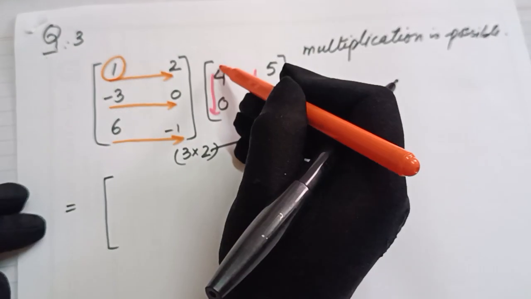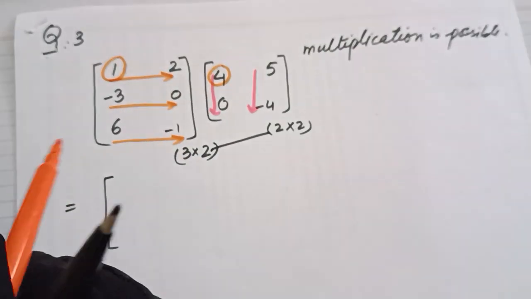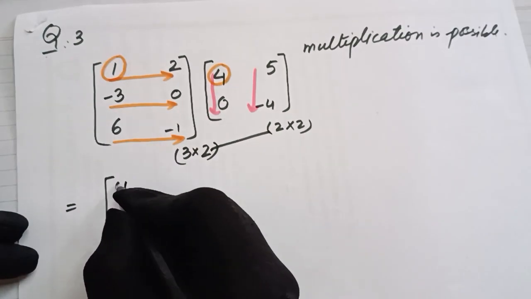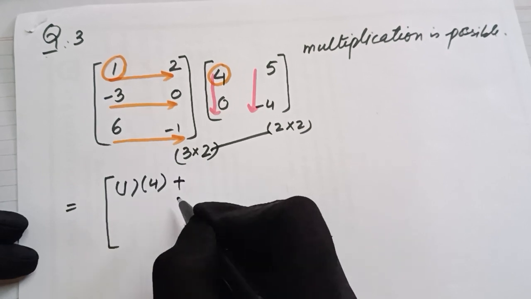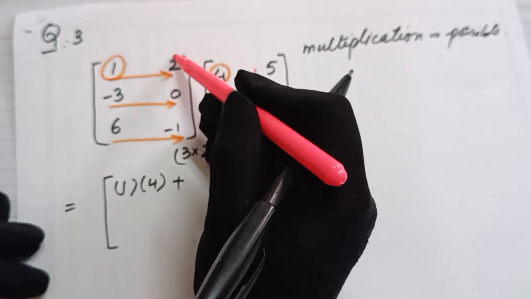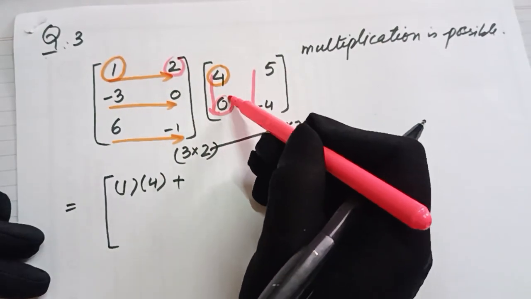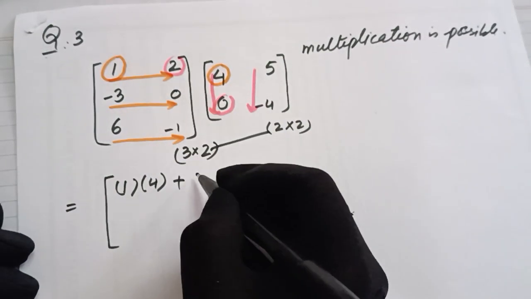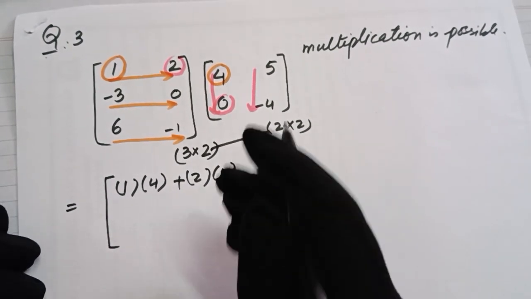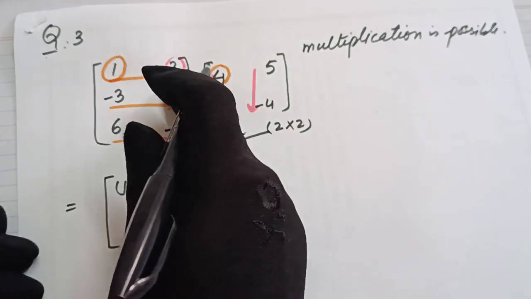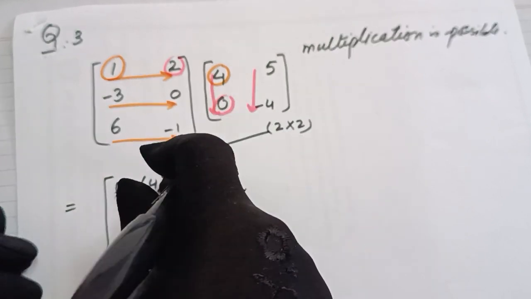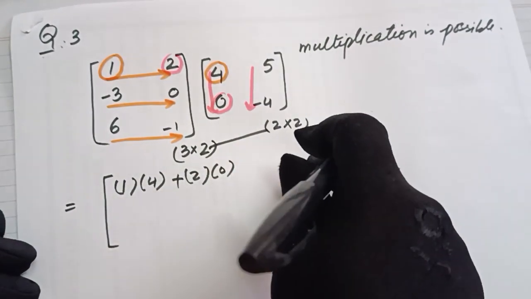Tail multiply tail. So 1 times 4 plus head multiply head, 2 times 0. Now if we want to go to the next arrow, it means 1 row multiplied by both columns. 1 row multiplied by the first column, then the second column, so the second column's first element.